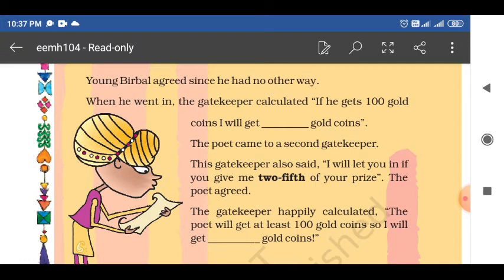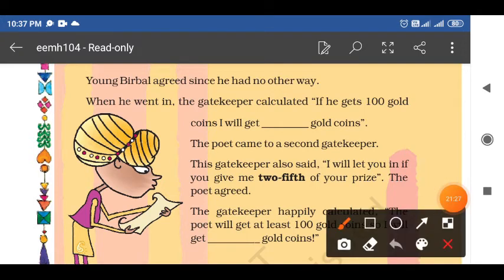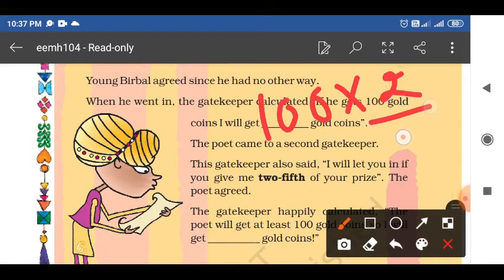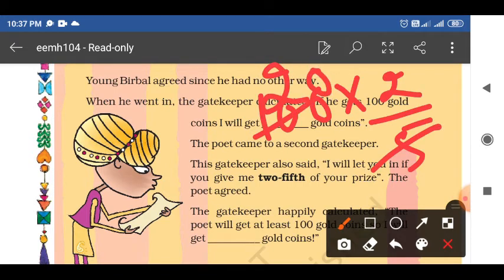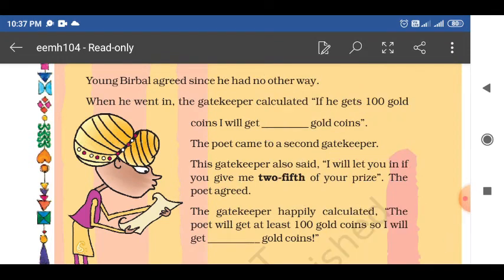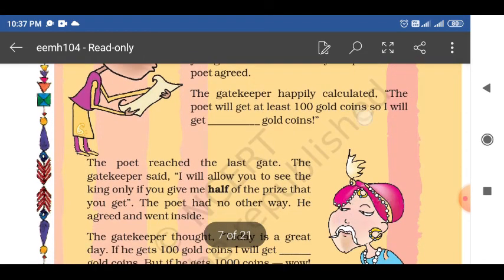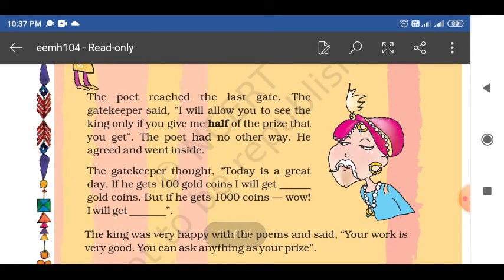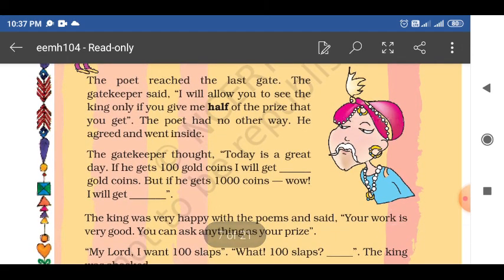So the gatekeeper happily calculated, the poet will get at least 100 gold coins, so I will get the share. The second gatekeeper is also thinking, if that boy gets 100 coins, he has to give 2/5, 2 by 5. So 5 ones are 5, 5 twos are 10, 5 twenties are 100, so 40. Totally 20 into 2 is 40. Totally 40 gold coins the second gatekeeper will get if he gets 100 gold coins.